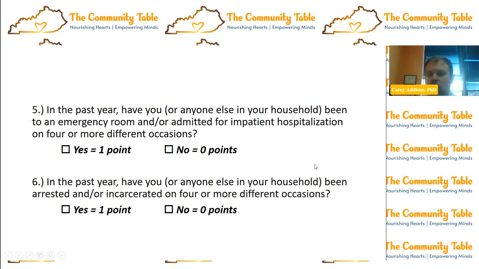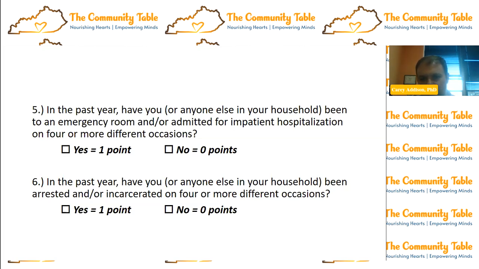We kept a couple of the questions about service utilization from the VI-SPDAT. The ones we thought most were important were hospital inpatient stays or emergency room visits. We combined that from the old questionnaire that asked separately about ambulances, emergency room, and inpatient, and we lumped them together. I'm just seeing a typo that I have inpatient hospital stays.